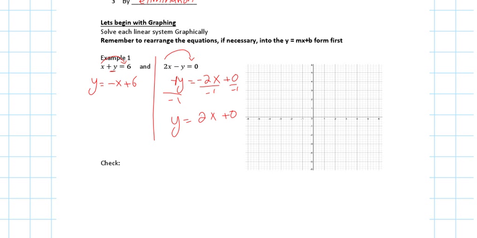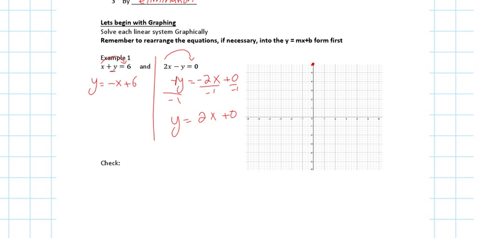So let's graph the first one. The first one says my y-intercept is 6. So I go up to 6 and find my y-intercept. It's right here. And what do I do with the slope? Go down 1 and to the right 1, because it's a negative.